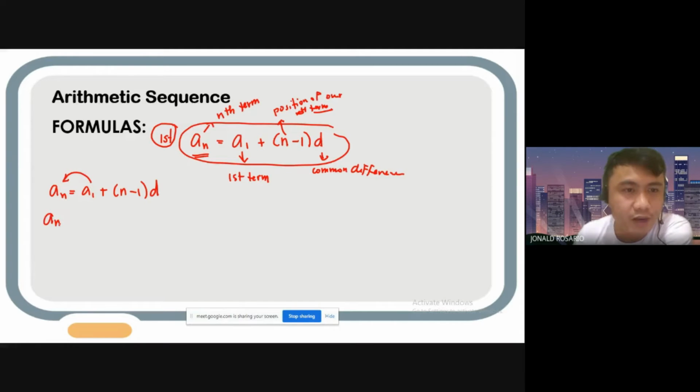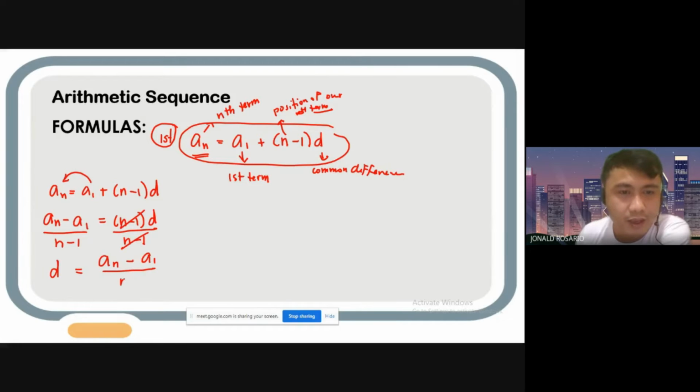So, a sub n minus a sub 1 is equal to n minus 1 times the common difference. And we're going to divide para maalis si n minus 1. Cancel na yan kasi parehas sila ng factor. So, baliktarin ko na lang. So, d is equal to a sub n minus a sub 1 over n minus 1.